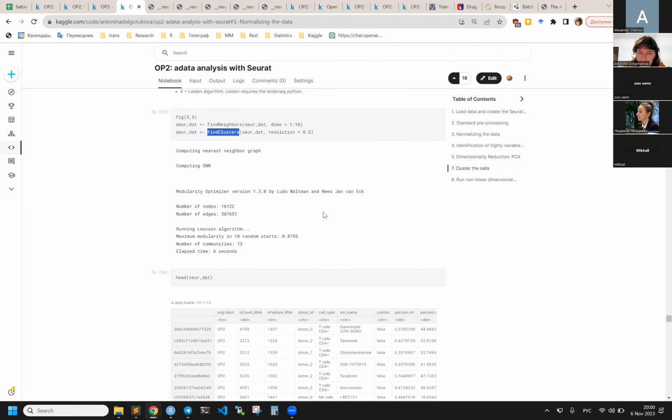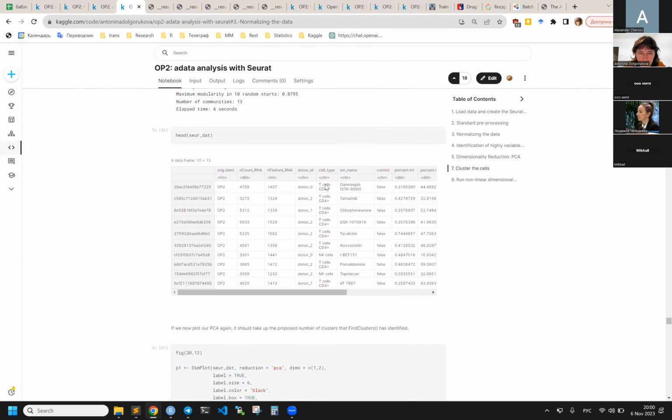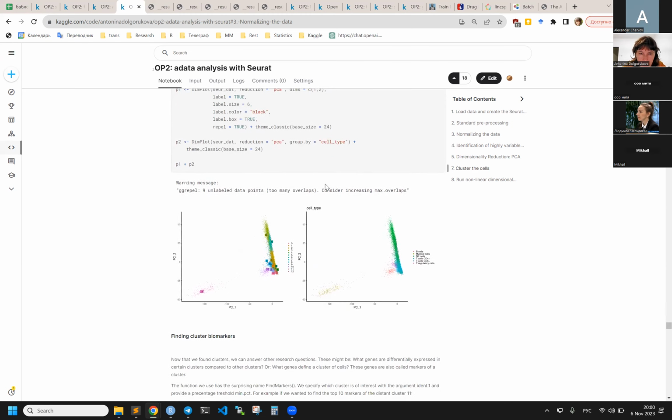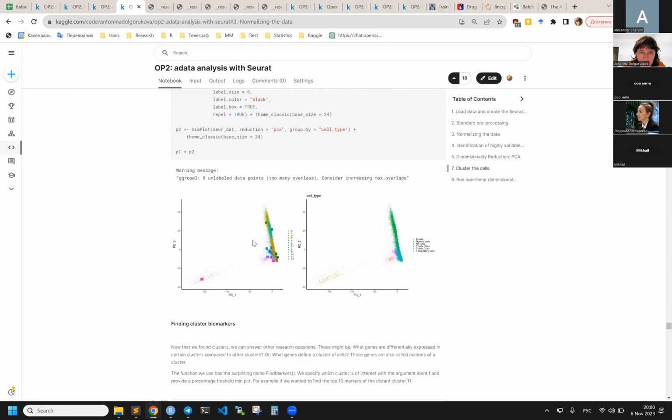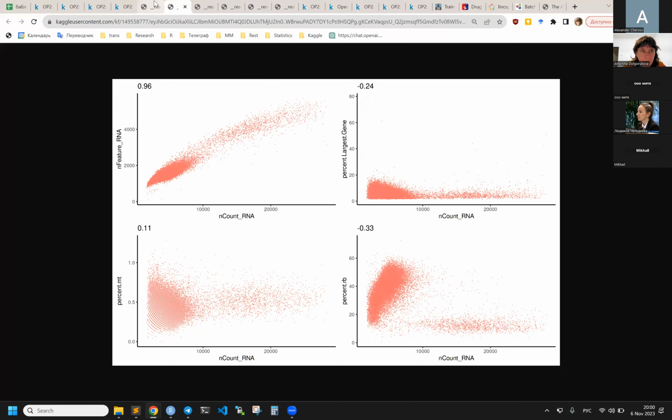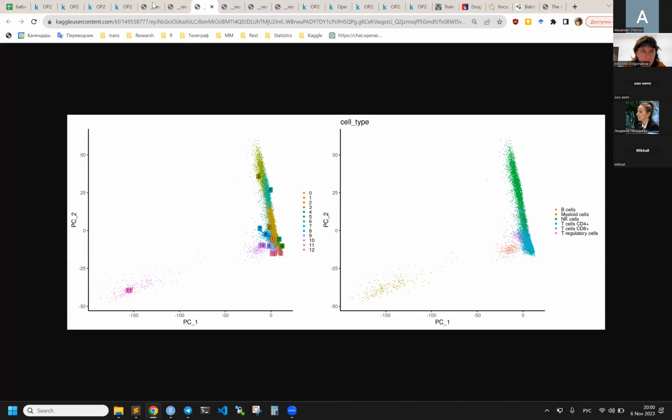So we just see what clusters they form, and whether these clusters remind us of something. Here, sorry, wrong picture, this one. And here, my clusters remind very well of clusters produced by cell types.